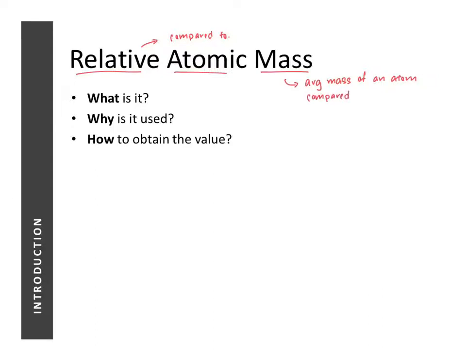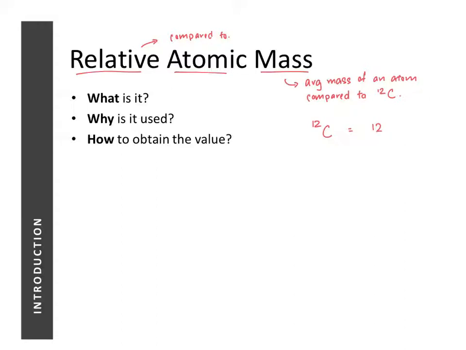And the reference atom is your carbon-12 atom. A long time ago, scientists decided we shall compare the masses of atoms in terms of the carbon-12 atom, and they made another statement: that the carbon-12 atom has a mass of 12 units. The masses of all other atoms will be compared to this carbon atom.